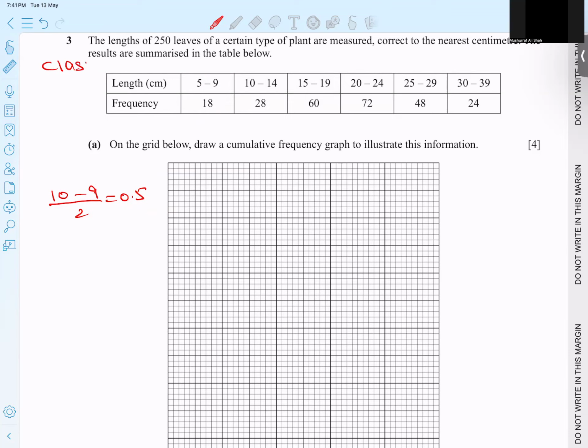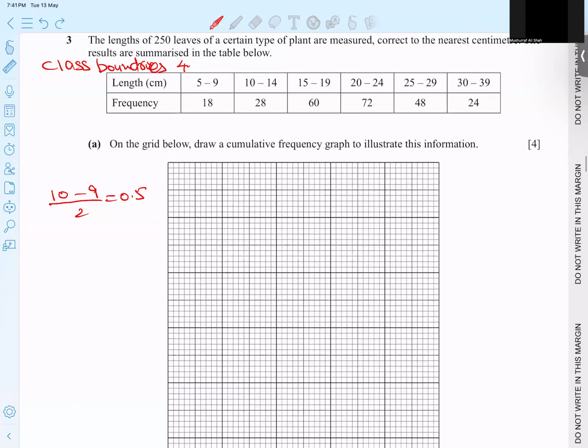Title here: class boundaries. The first class boundary: subtract from 5, you get 4.5, and add to 9, you get 9.5. Same here: in 10, subtract this, I got 9.5.